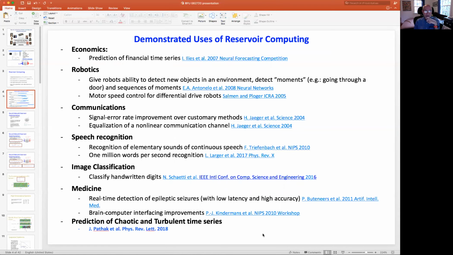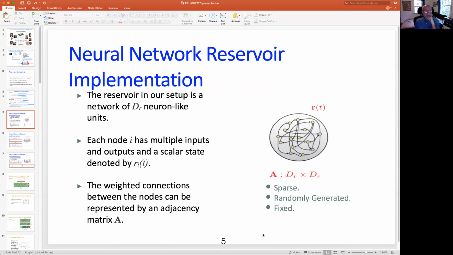Image classification of the handwritten digits that I showed on the second slide, and we'll come back to that use case as well. And in medicine, real-time detection of seizures. And then this last example is from the Maryland Theory Group, the prediction of chaotic and turbulent time series, and actually using the reservoir to even characterize those time series.